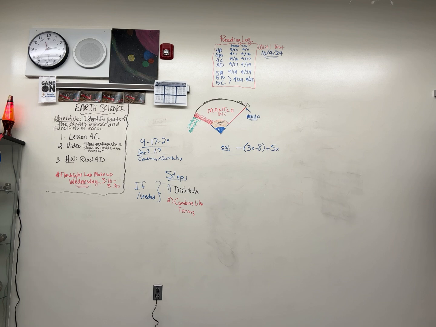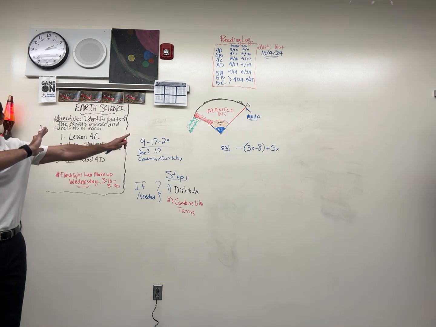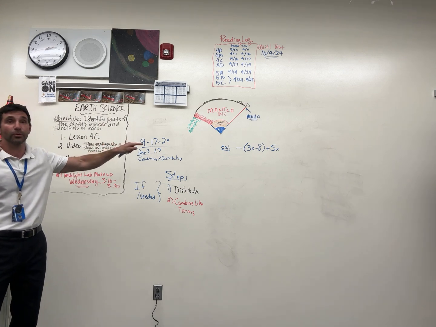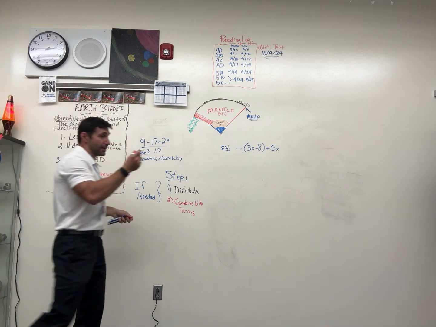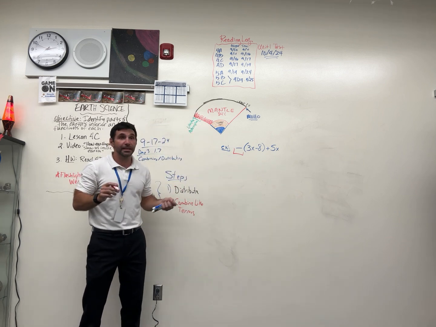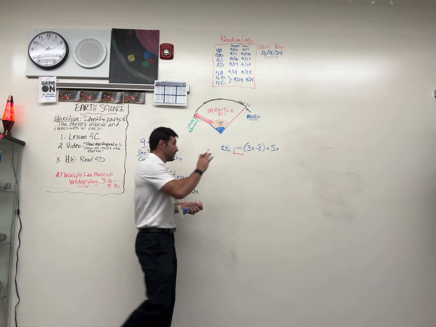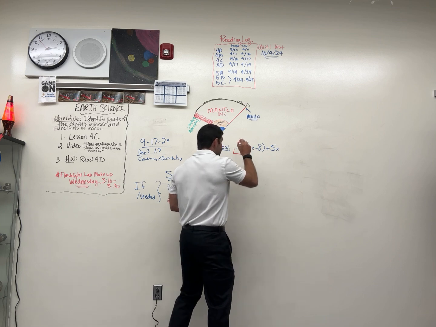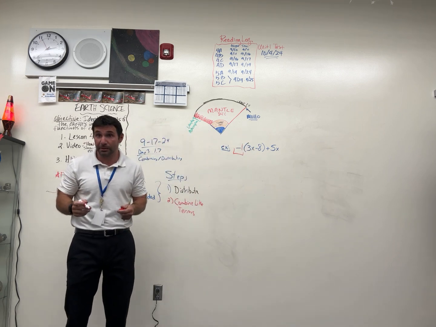Distribute. Is there something we need to distribute? Is there something smack dab up against a parenthesis? What's there right now? A negative sign. This negative sign, you guys have already told me, is really a negative what? One. So if you just see a negative sign next to a parenthesis, we know that it's negative 1.